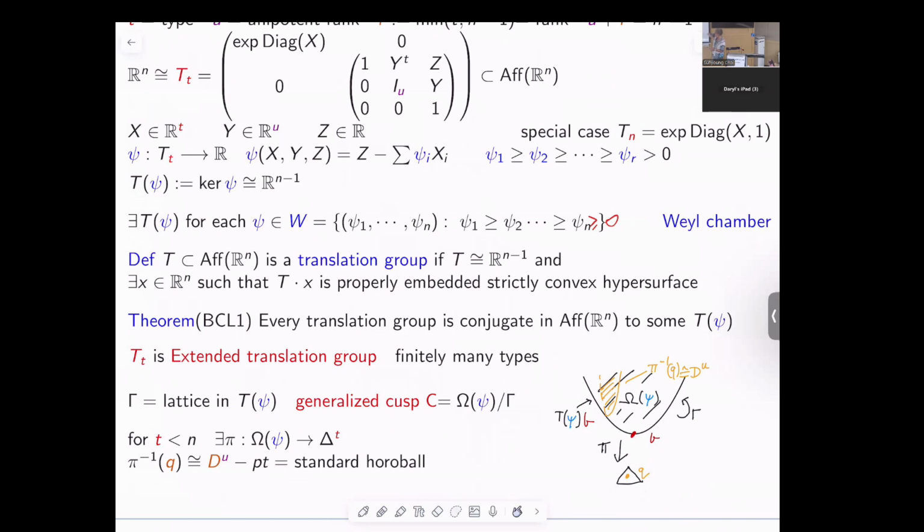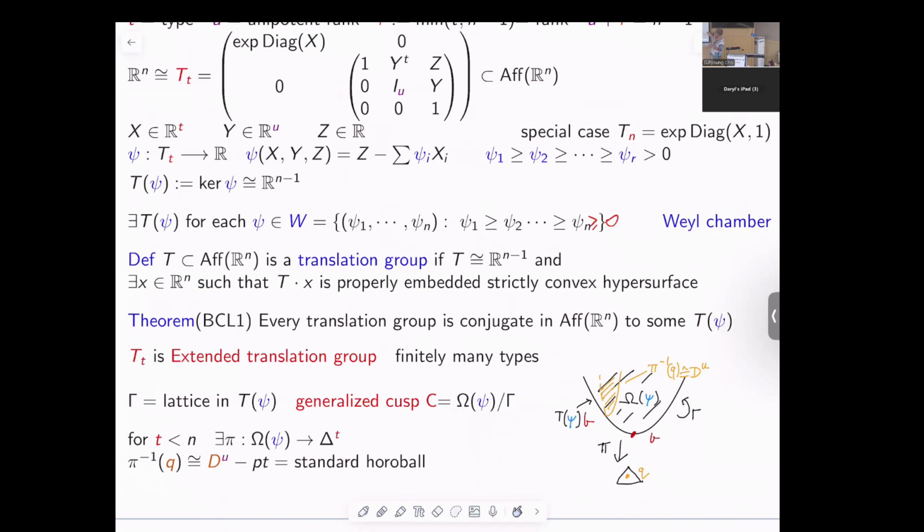So let's forget about the lattice. Let's just think about the Lie group. If I pick some point in the Weyl chamber, that gives me this codimension 1 subgroup, and the orbit of a point under this codimension 1 subgroup is a convex hypersurface in affine space. As I vary the size, this convex hypersurface changes.